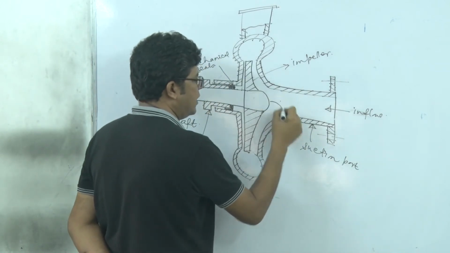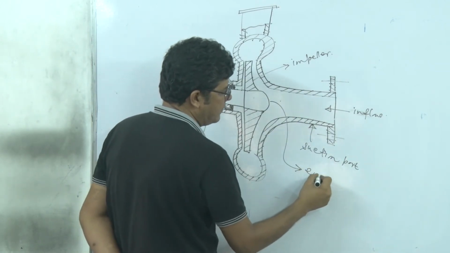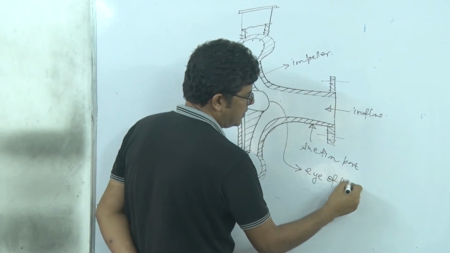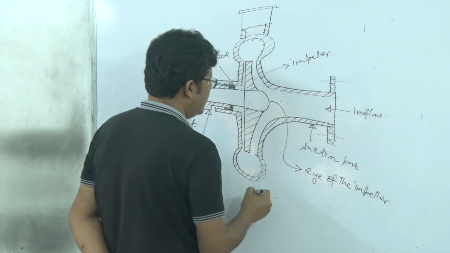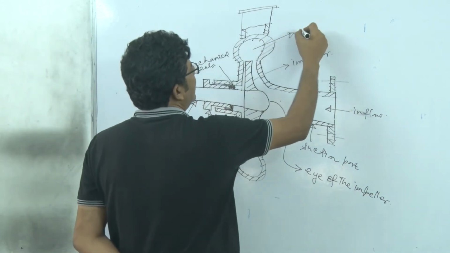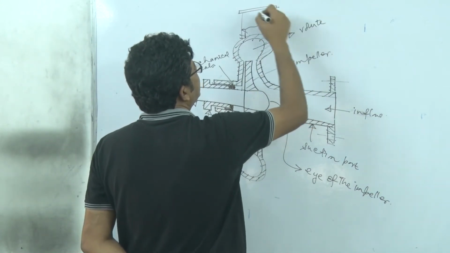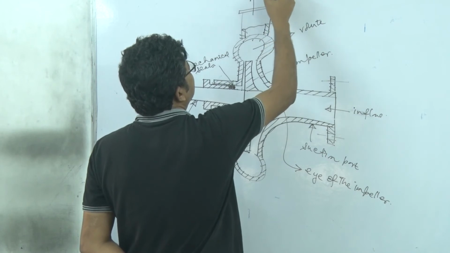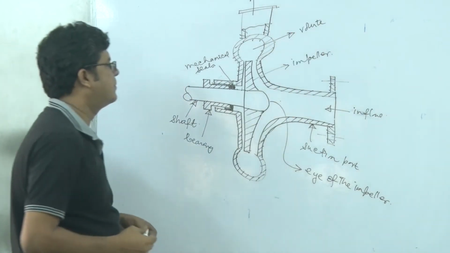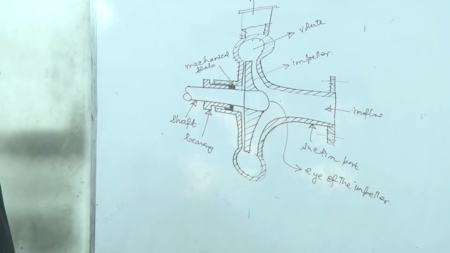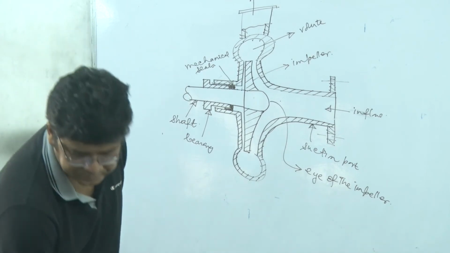This region is called the eye of the impeller. Right? And the spiral part is called the volute, where this is the discharge. Right? So that's the side view of the centrifugal pump.